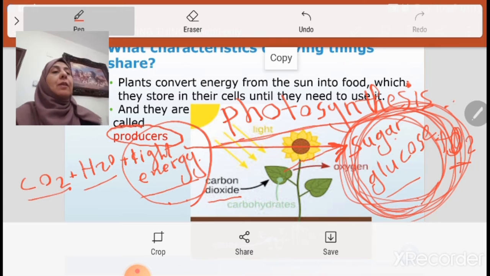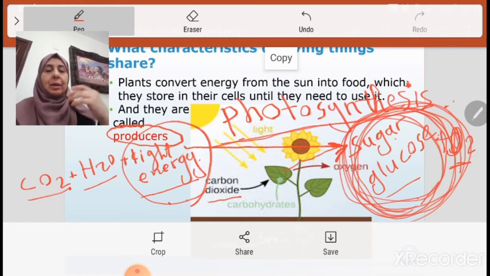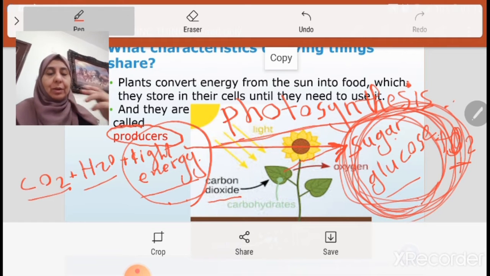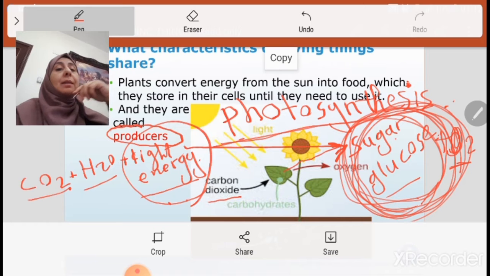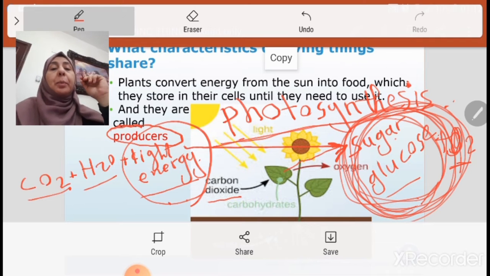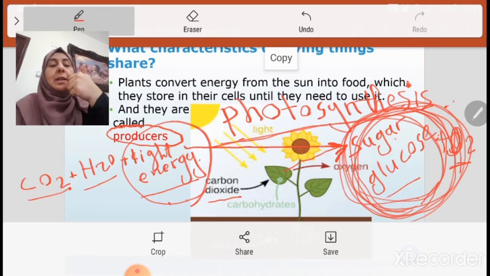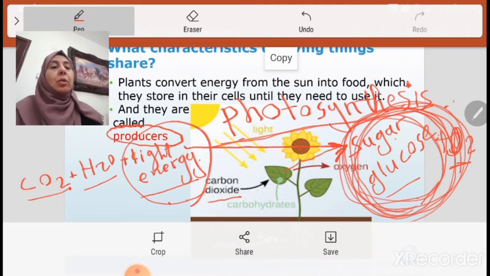This is very important. I will summarize what I talked about. I know I'm talking a lot. Plants and algae are producers because they produce their own food, which is the sugar, glucose.